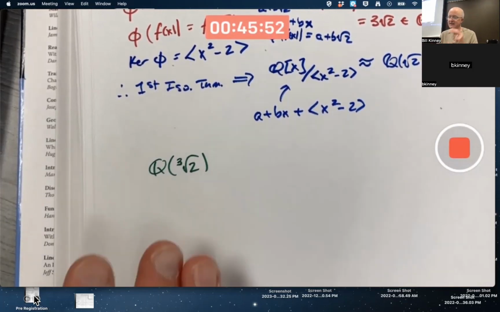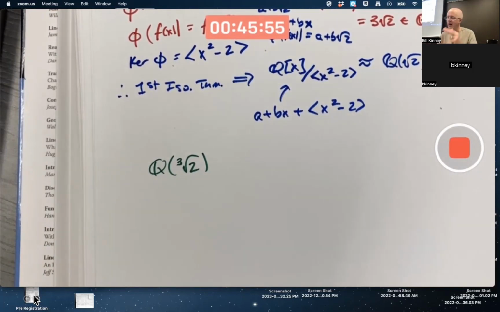So again, when you look at this, the first thing that should come into your mind is, oh, that's the smallest subfield of the real numbers containing all the rational numbers and also containing cube root of 2. But yes, as Dr. Kinney always warns me, it's much more than that. There's infinitely many other numbers in it. What other numbers? What is the form of elements of this, say as a vector space over the rationals?